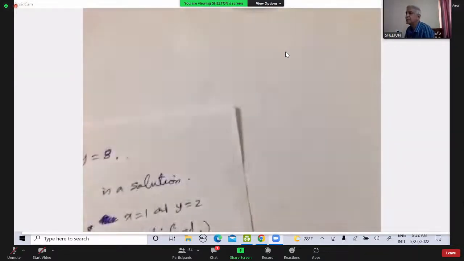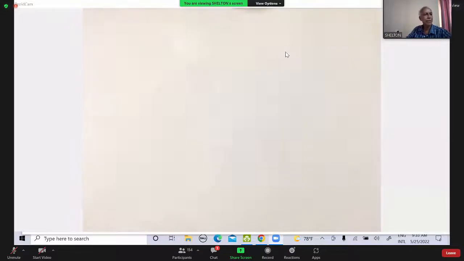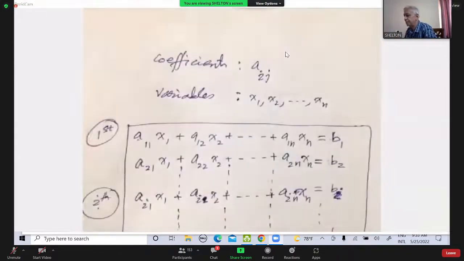What do we mean by a solution? So let us take our linear system of equations.